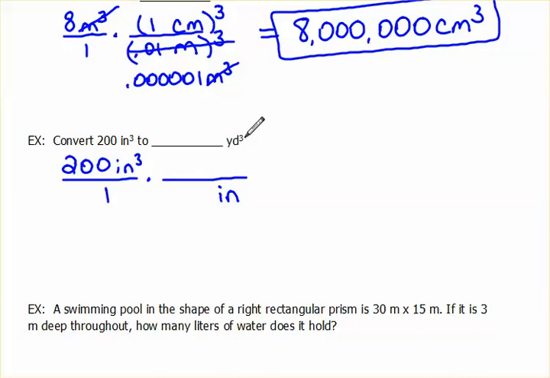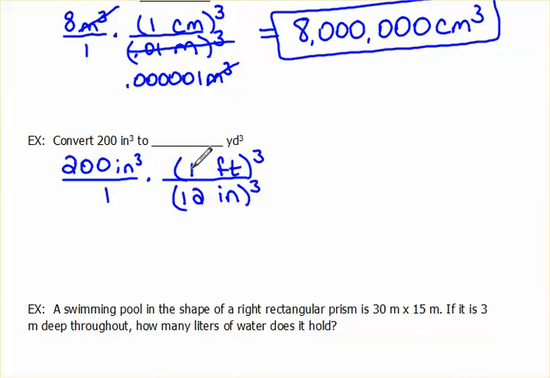Now we could go straight to yards, or we could take an intermediate step, and I'm going to do that. I'm going to go from inches to feet first. And when we do that, we know there are 12 inches in 1 foot. But again, inches will not cancel with cubic inches, so we have to cube the entire thing, top and bottom.